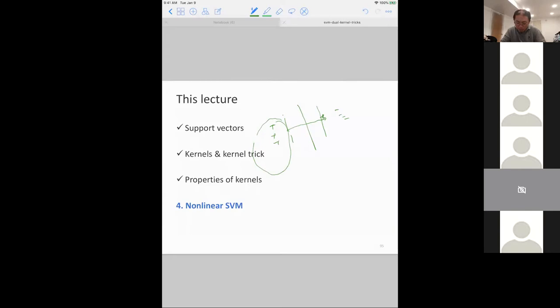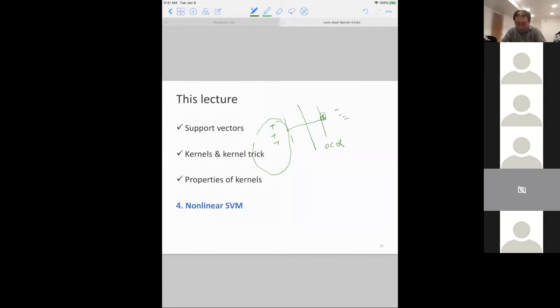That means the corresponding C is still bigger than 0, right? It's not C, it's alpha.